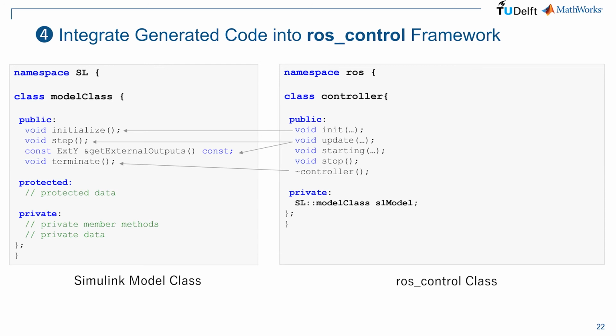And then we integrate the methods generated by Simulink into the ROS control class. For example, init calls the initialize method of the Simulink model class. Update calls the step method, which is a controller update, and also takes out the outputs from the Simulink class. And when you destruct the controller class, you also call the terminate as part of that.